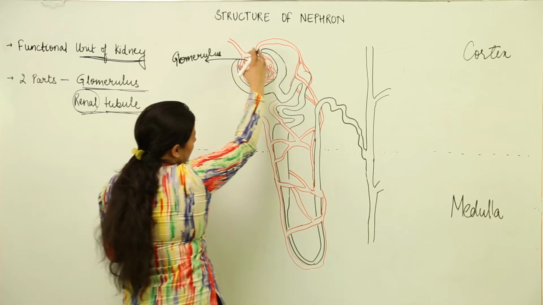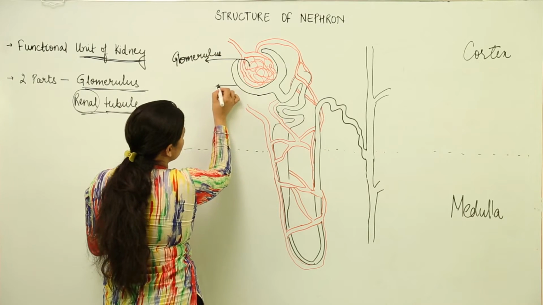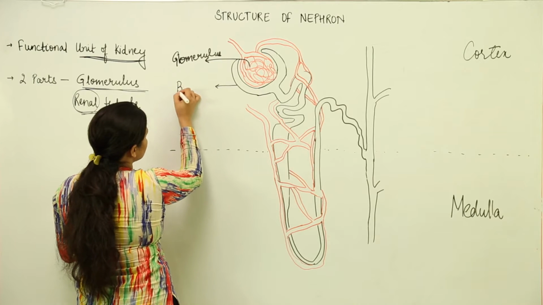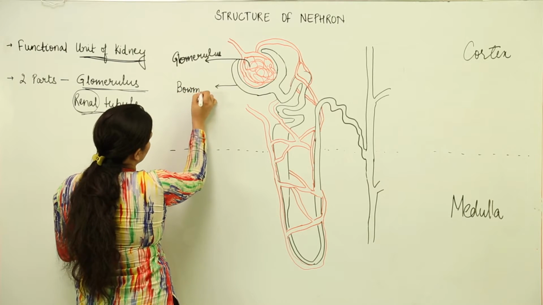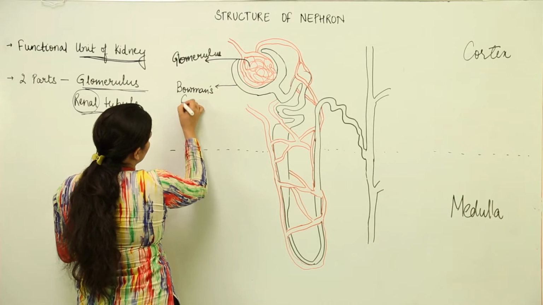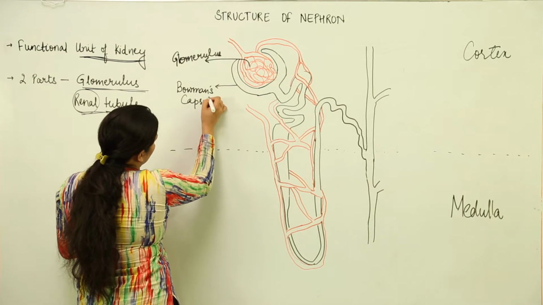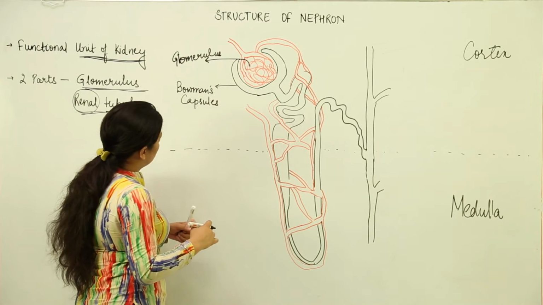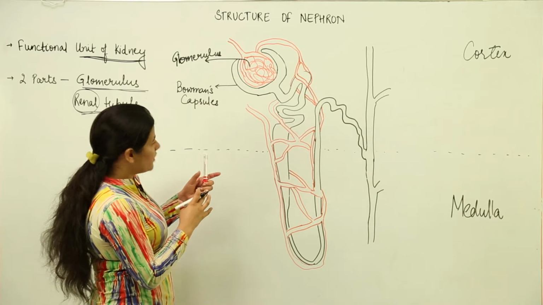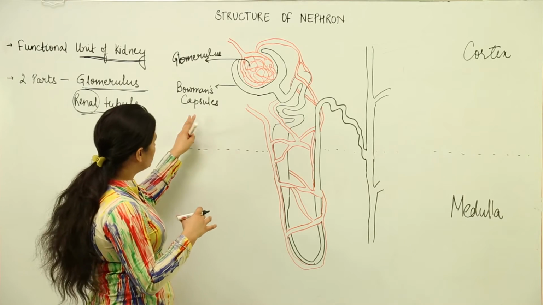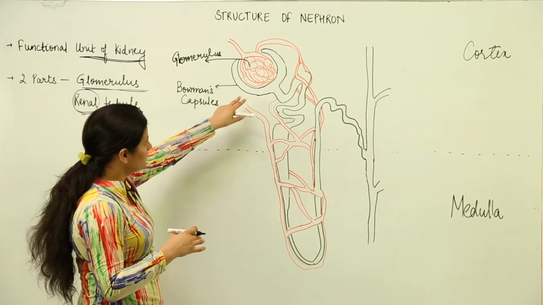Now this glomerulus is enclosed within the tubular part that is known as Bowman's capsule. Or I would rephrase it that the glomerulus is encapsulated within a tubular part known as Bowman's capsule.